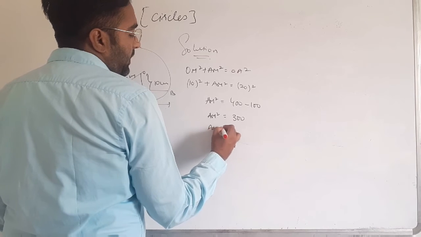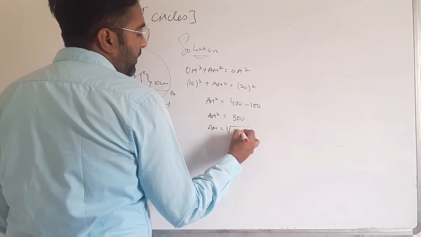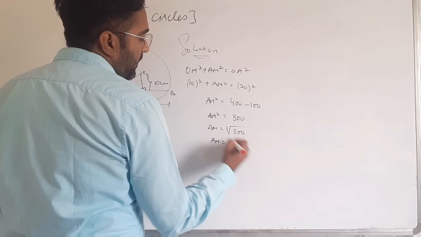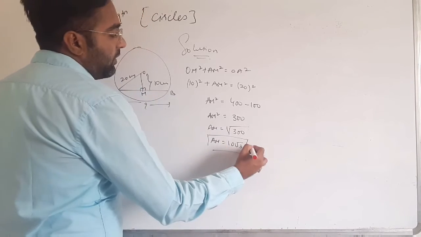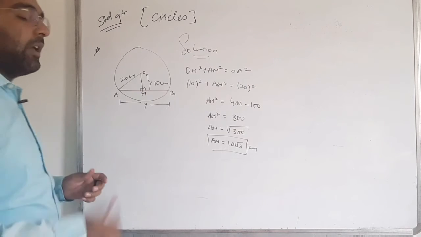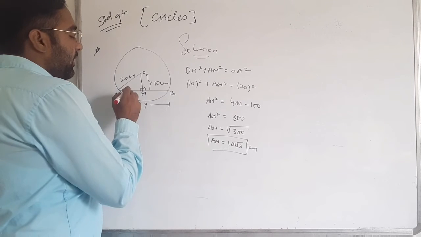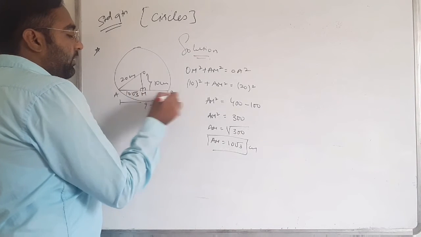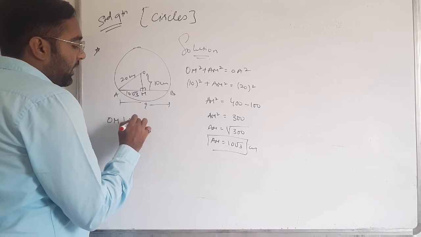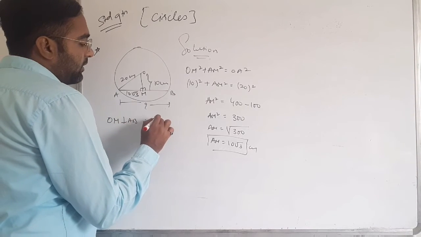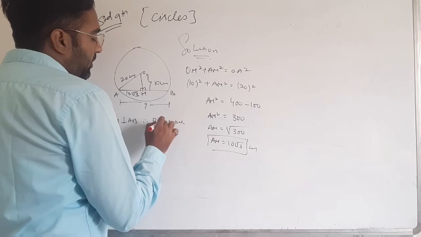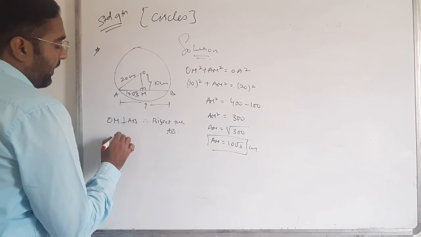Okay, so length of AM is the square root of 300, and the square root of 300 is 10 root 3 centimeter. Here my length of AM is 10 root 3 centimeter. I need to find the length of AB. So OM is perpendicular to AB, therefore it bisects AB, we know that.